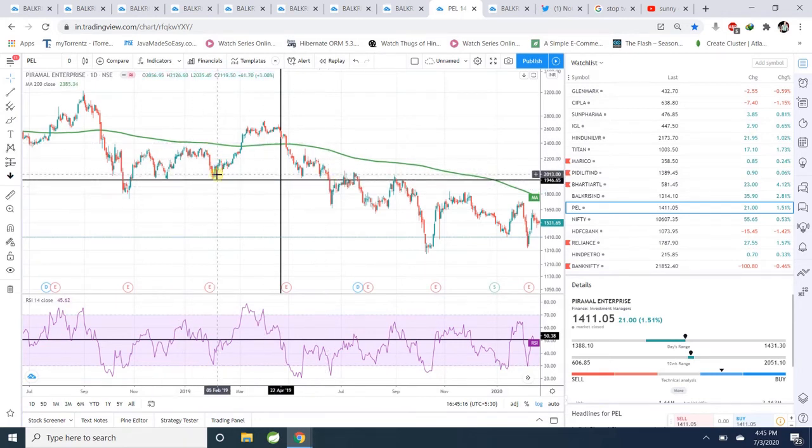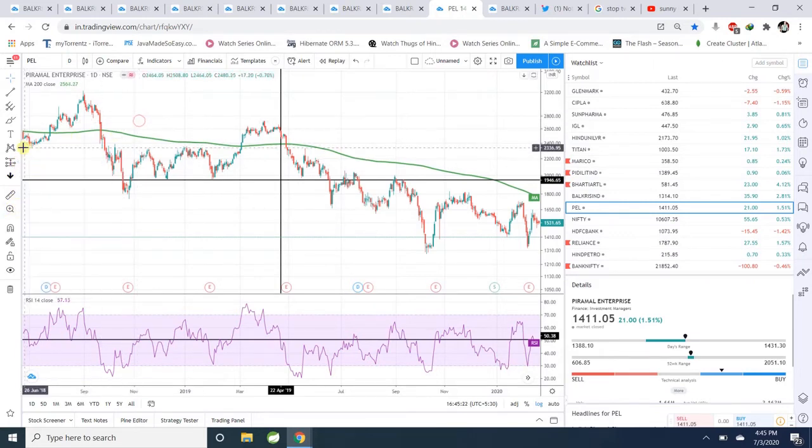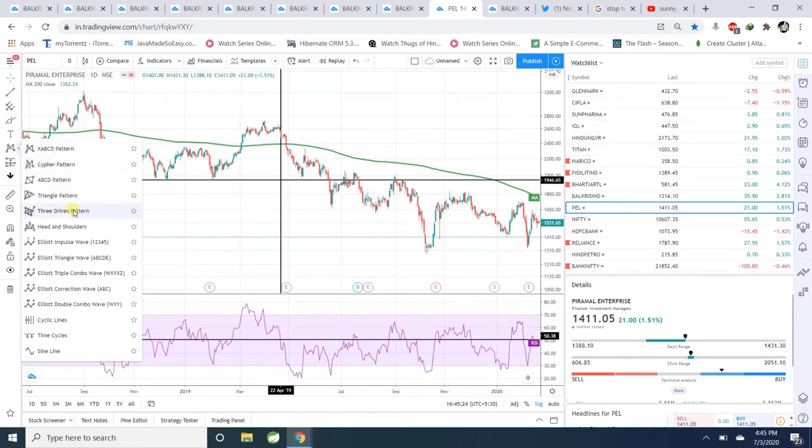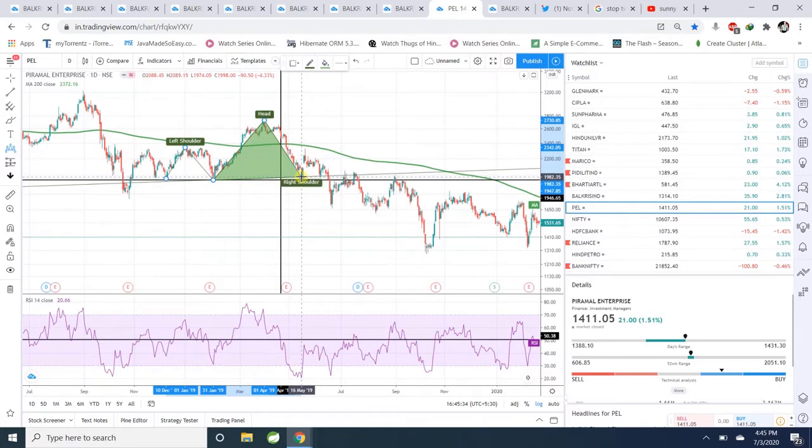Let me draw it. This is the left shoulder, this is the head, and this is the right shoulder. The target of that pattern was around 700 points.